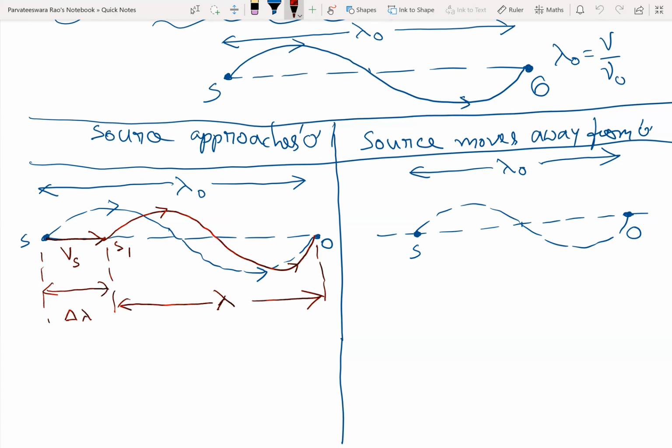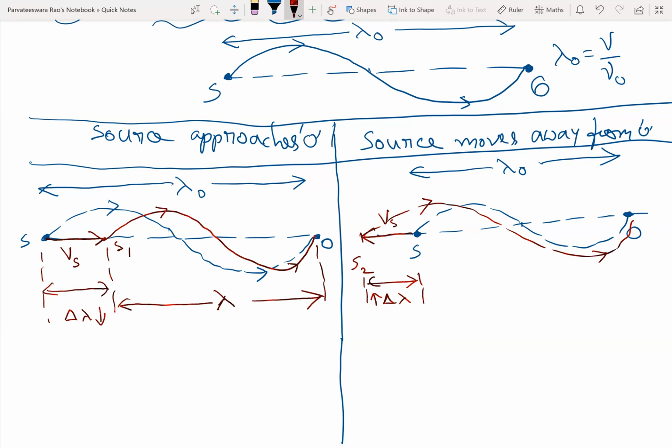In a similar way, this is how the source is moving away from the observer with a speed Vs. And this is a position S2. So here are the waves reaching the observer. And this is the increase in wavelength. Here it is decrease in wavelength, whereas here it is increase in wavelength.